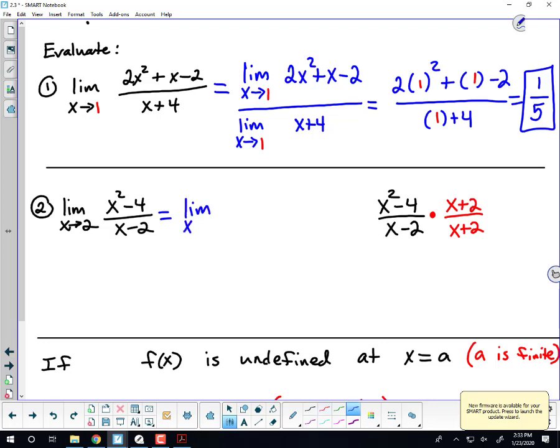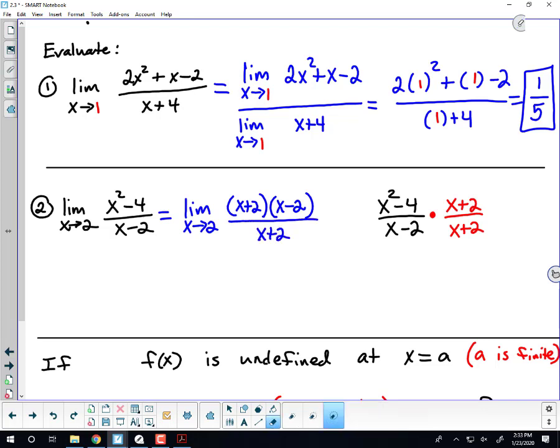So we're going to do this. And then hopefully now we see exactly what happens. The issue in the bottom, sorry, the x minus 2, I wrote that wrong, that issue has been removed.